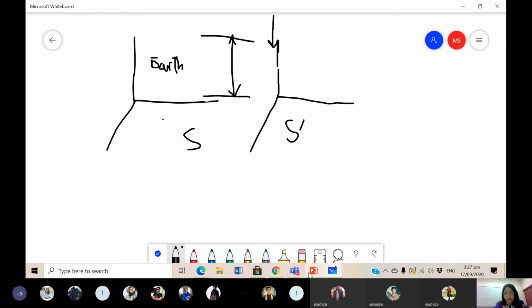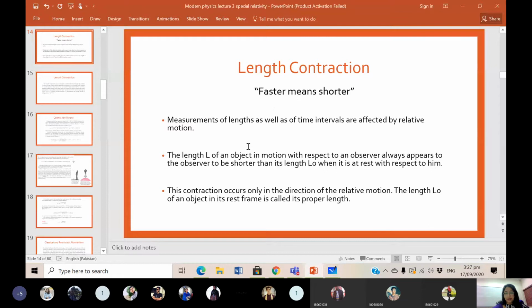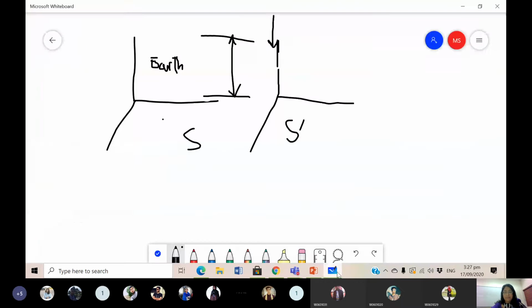Okay? So I will open the PowerPoint and first tell you a little bit about the theory. Basically, in length contraction, if you have this distance, say L naught, as seen by an observer on Earth, who is watching cosmic rays coming from the sky, and the cosmic rays are moving in the same direction.